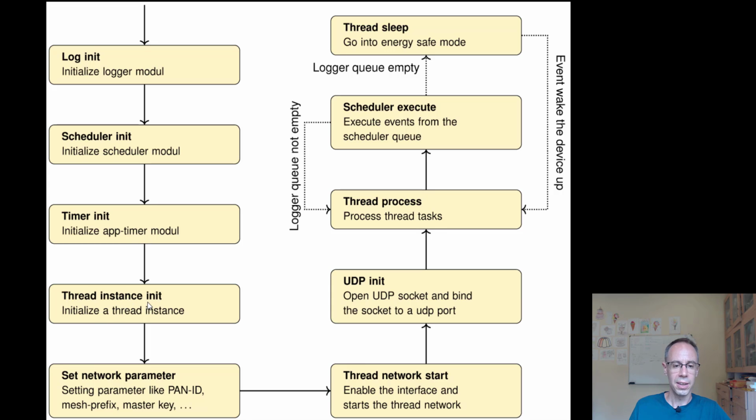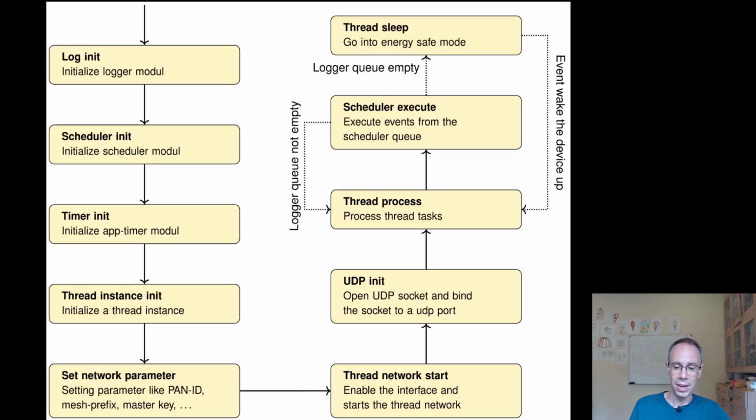Then we have to initialize the thread instance, setting the network parameter, starting the network, and after this initialize the UDPs. This means for the receiving device, opens the socket and binds the socket to a UDP port. Then we're having just our while loop, which checks if there's a thread process or something in the scheduler, and if not, it's going into sleep mode until a new event is happening.